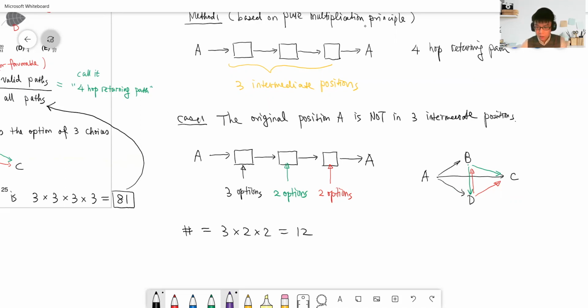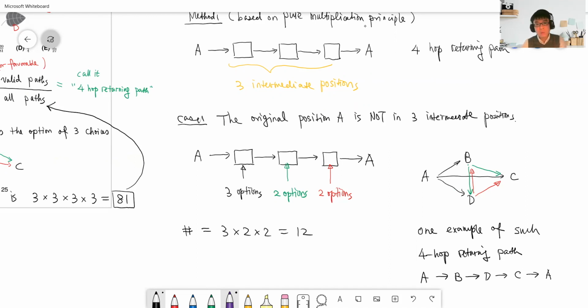Let's give one example here. One example of such a 4-hop returning path: from A hops to B, and from B hops to D, and from D hops to C, and from C finally hops back to A. So this is one example.